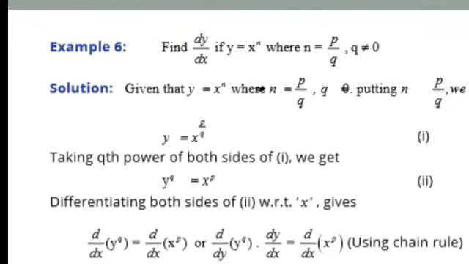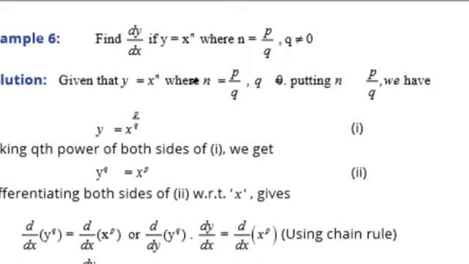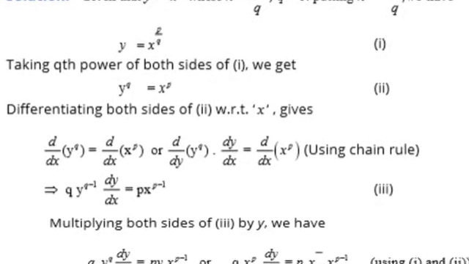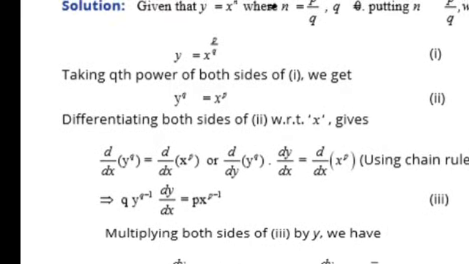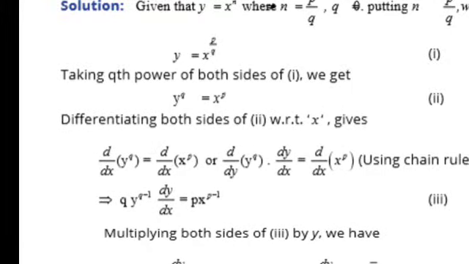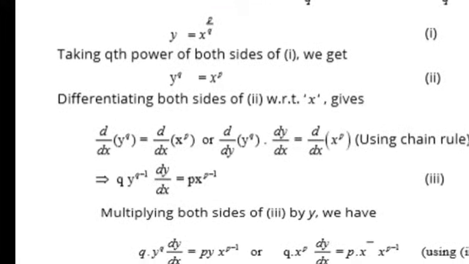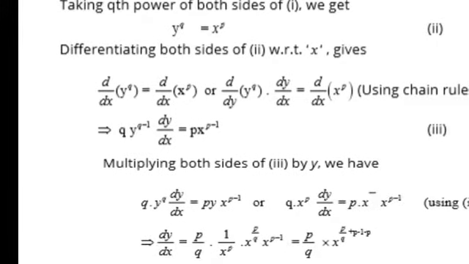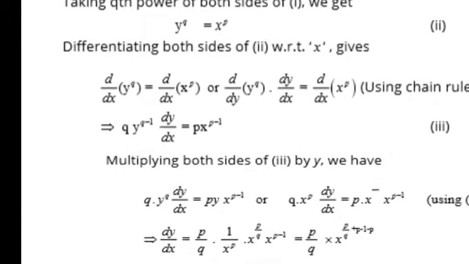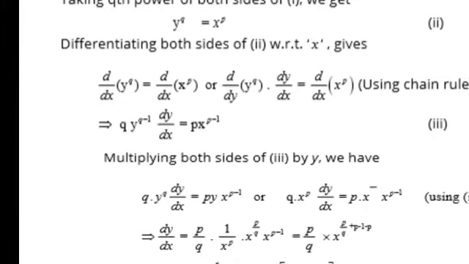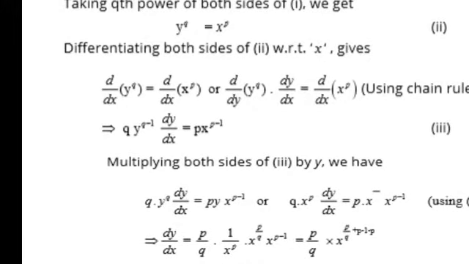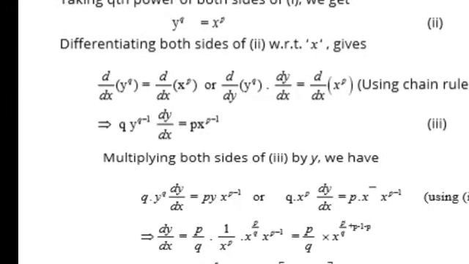y is equal to x raised to power n, where n is equal to p over q, a fraction value. Now we apply here the qth power to both sides, so it becomes y raised to power q equals x raised to power p. Differentiate both sides. The derivative of y^q is q y^(q minus 1) times dy by dx, and the derivative of x^p is p x^(p minus 1).